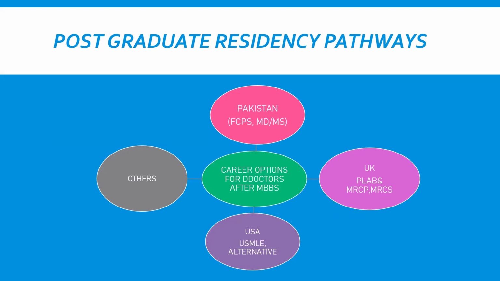Through this pathway, you can go to the UK and get your GMC registration. Once you clear MRCP, you have three parts: Part A, Part B, and then PACES. Once you clear these 3 steps, you will get your GMC registration.